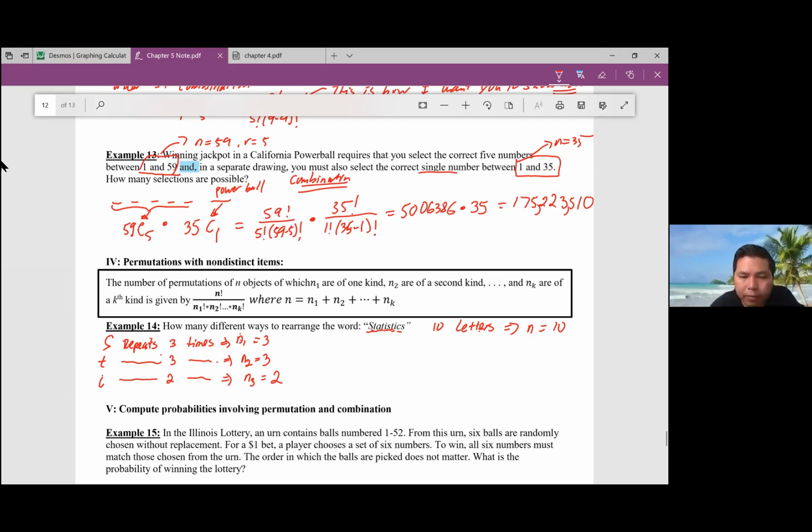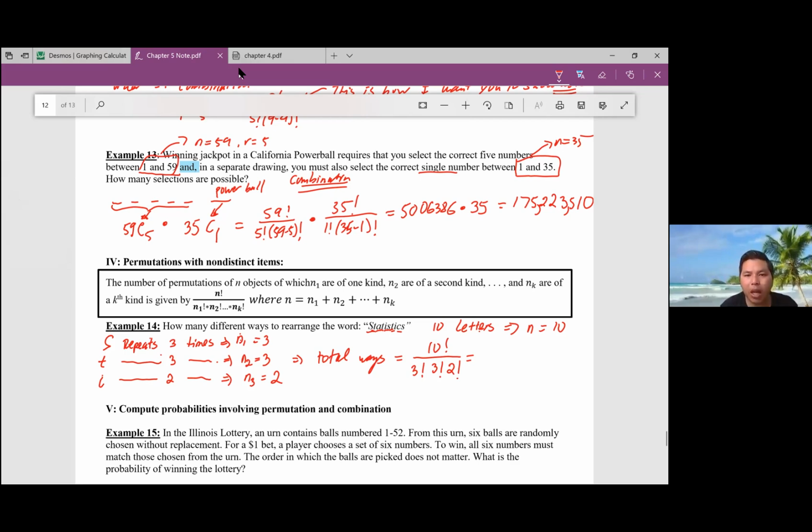All right. So the total outcome will be 10 factorial divided by 3 factorial, 3 factorial, and then 2 factorial, just like that. So that's something you can do in your calculator.